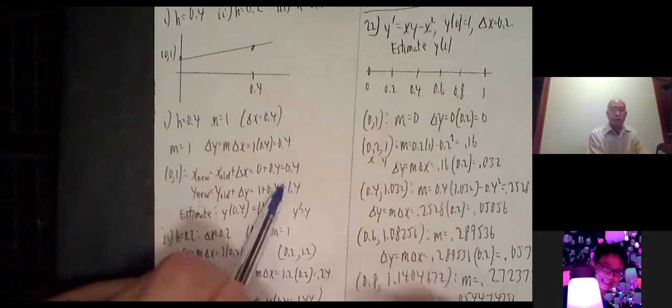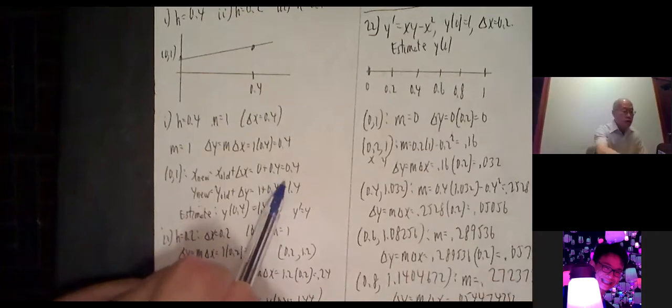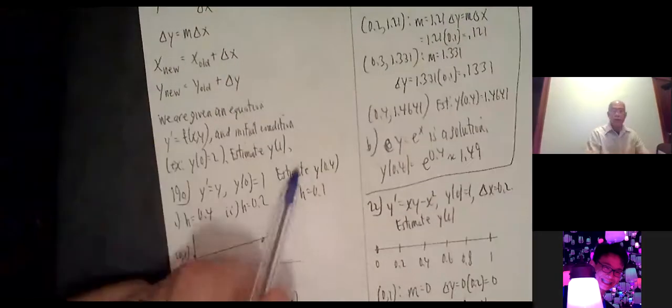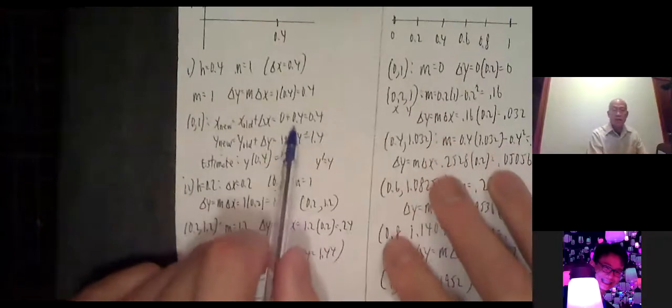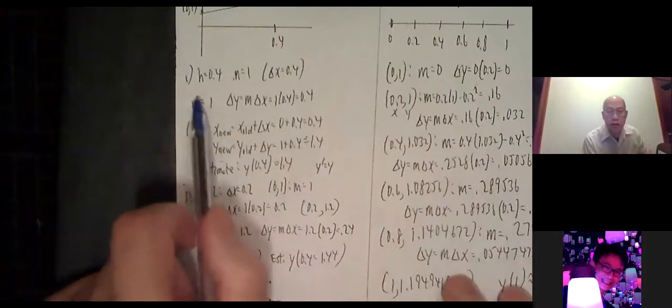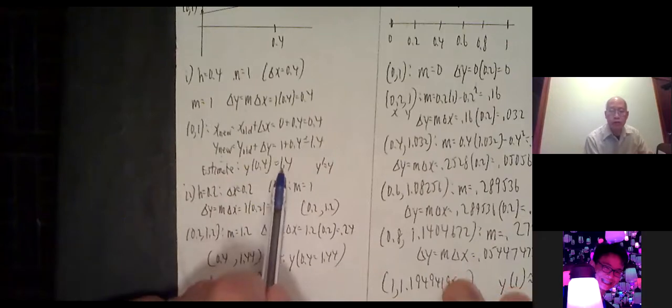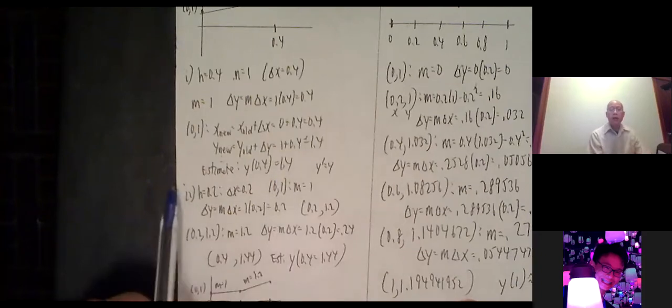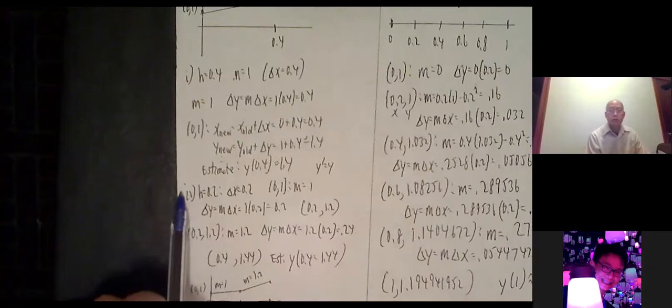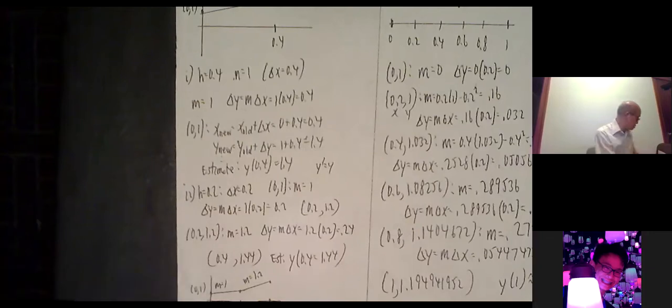Ultimately, we're trying to guess the value of y of 0.4. So our guess is that the answer is 1.4. So the answer to part 1 is that our estimate of y of 0.4 is 1.4. Probably not that accurate. Okay, so now I'll do part 2. We're going to break this up into 2 pieces.